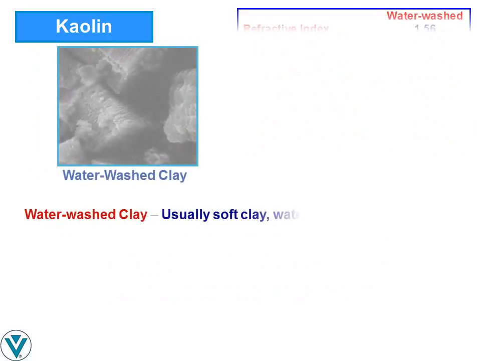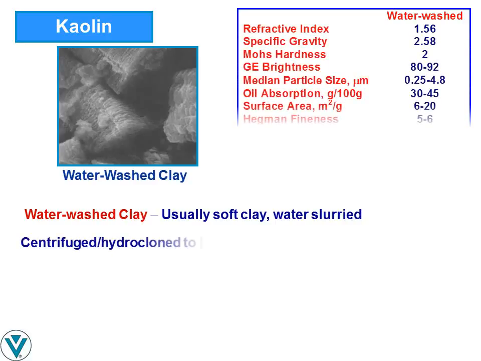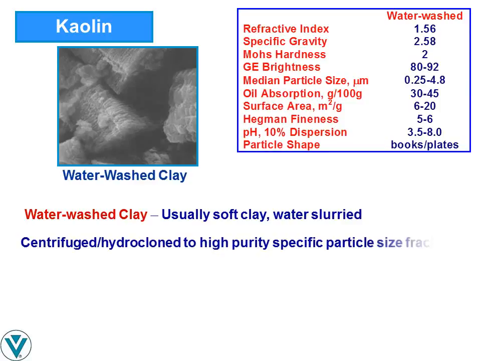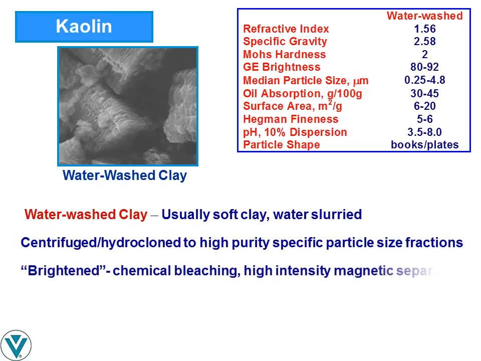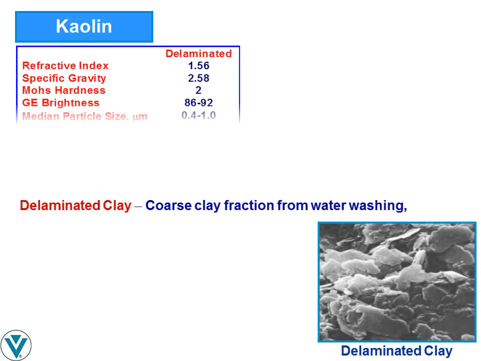Water-washed clay, usually soft clay, has been slurried in water and centrifuged or hydrocloned to remove impurities and produce specific particle size fractions. Water-washed clays are often treated to improve brightness. This includes chemical bleaching and/or high-intensity magnetic separation to remove iron and titanium impurities. Delaminated clay is made by attrition milling the coarse clay fraction from water washing.